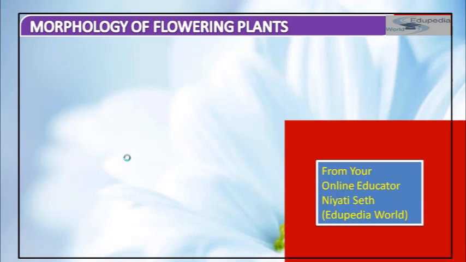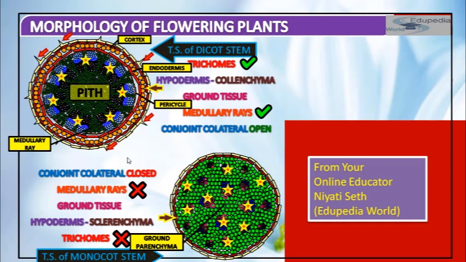And before that, I will tell you the diagnostic features of the monocot stem. Like, how can you identify it, students? See, there is no trichome present in the monocot stem. Presence of stomata on the epidermis.